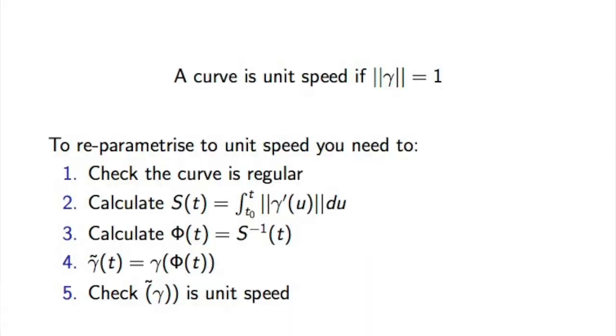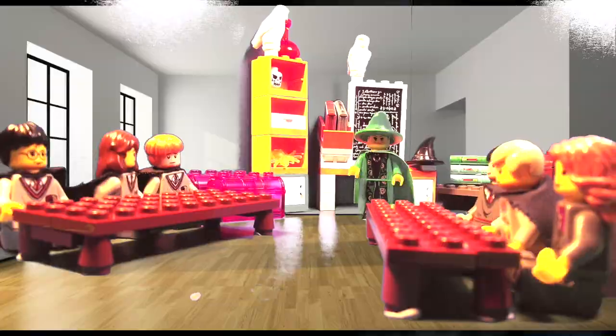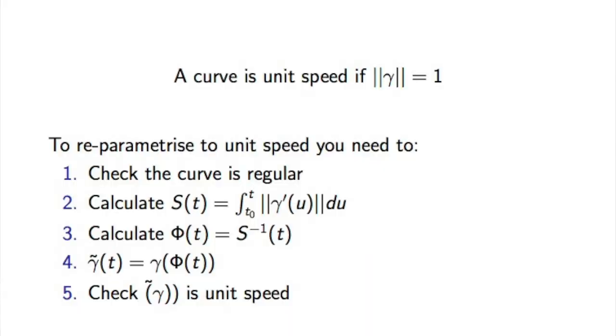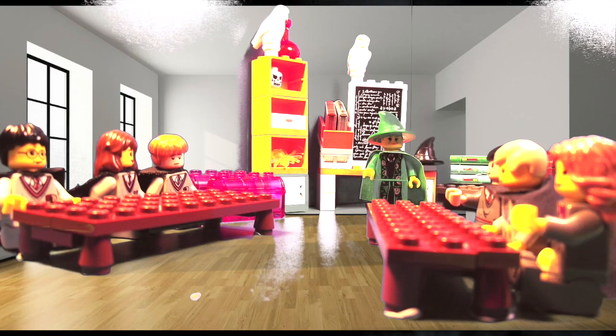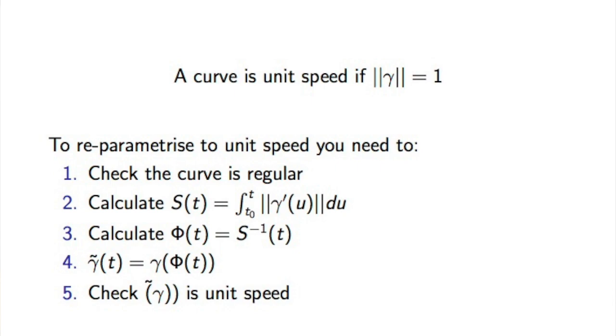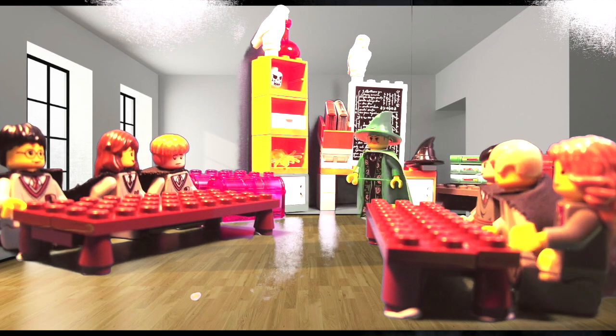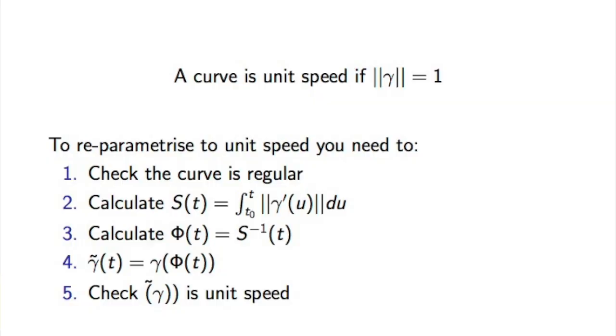To check if a curve is unit speed, we find the norm of gamma prime. If this is equal to 1, then the curve is unit speed. If this is not the case, then we must reparameterize to unit speed. To do this, we must follow these 5 steps. Firstly, we check that the curve is regular. If the curve is not regular, then it cannot be reparameterized to unit speed.